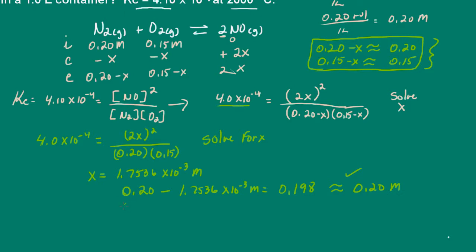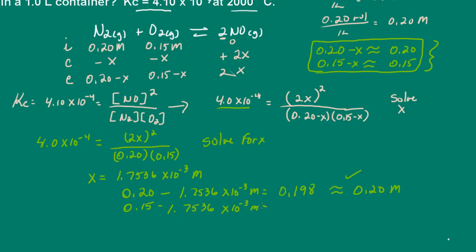Let's go ahead and look at the other one, 0.15 minus 1.7536 times 10 to the negative 3 molar. And here we get 0.148, and again that's 0.15 molar. So both assumptions here, they check out.